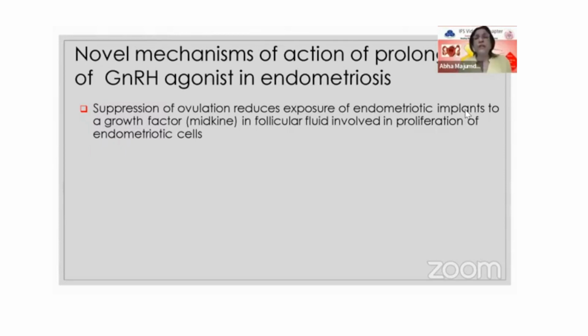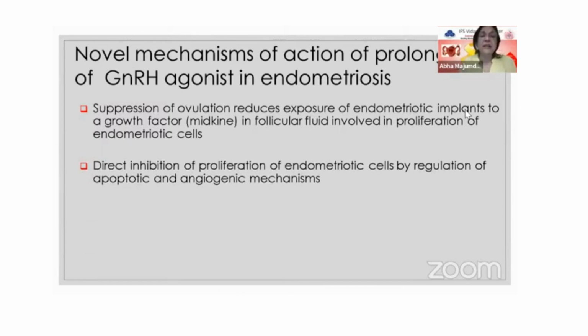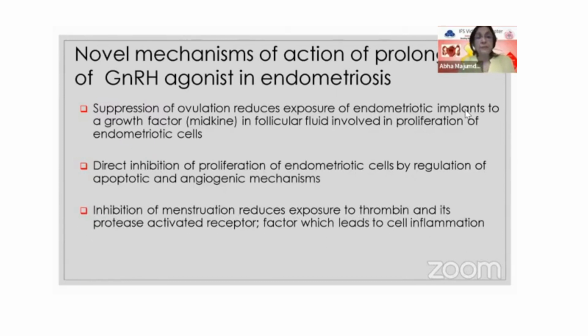So if there is no follicle which grows into ovulation, then the growth factor also will not be there. It will also directly inhibit proliferation of endometriotic cells by regulation of apoptotic and angiogenic mechanism. So it is anti-angiogenic. It also inhibits menstruation in a lot of patients.